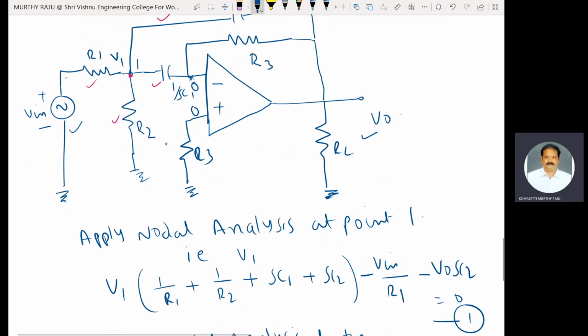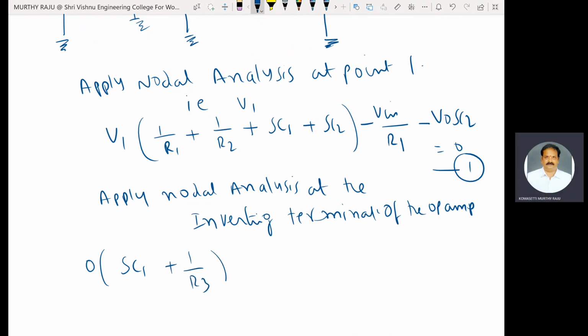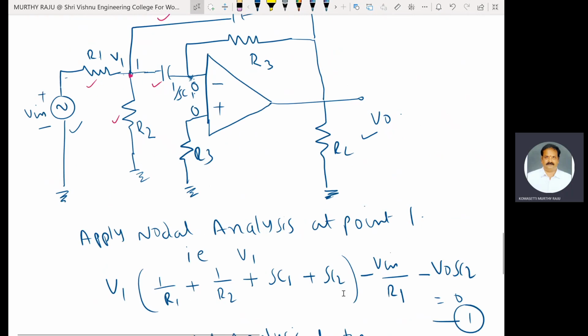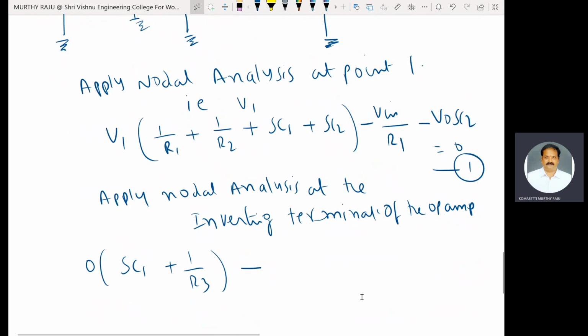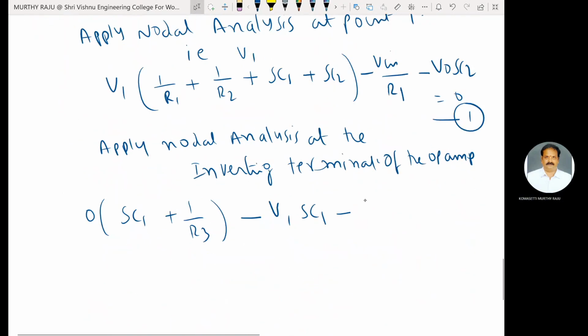Here 0 into 1 by SC1, that means SC1, plus 1 by R3, minus the adjacent node voltage V1 times SC1, minus V0 by R3 is equal to 0.